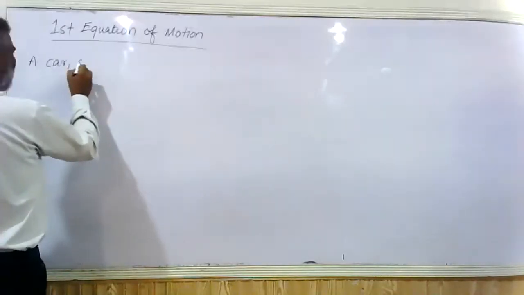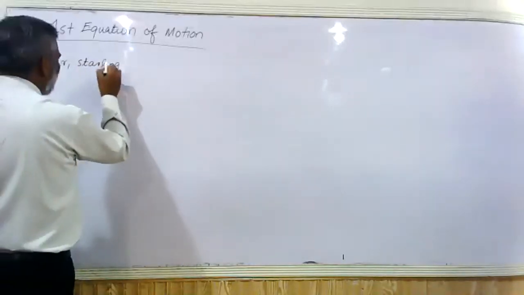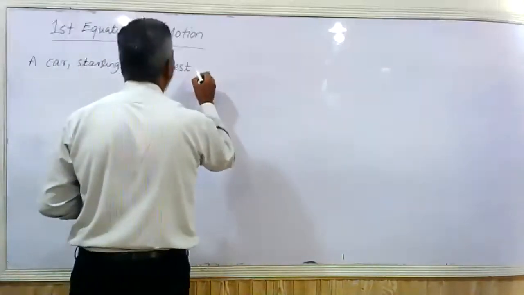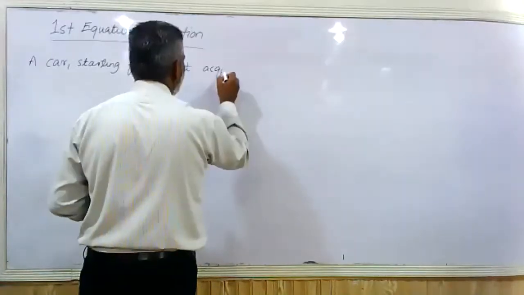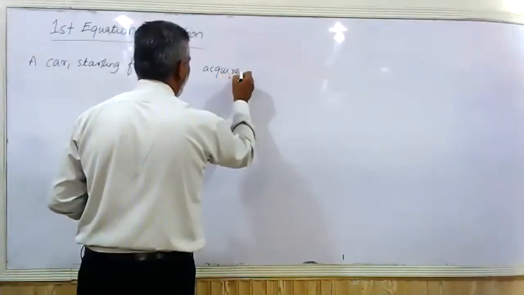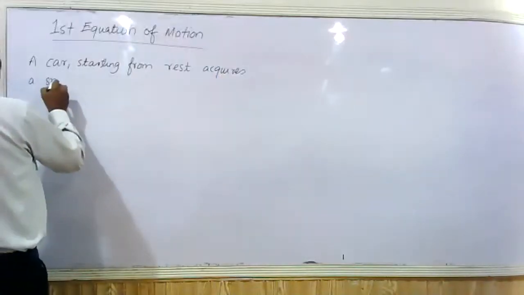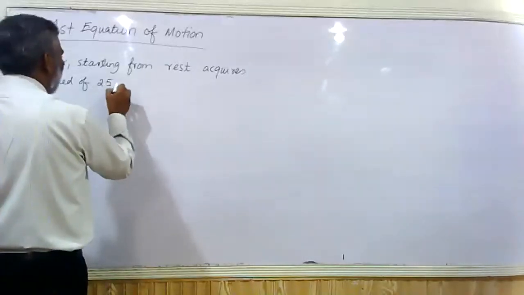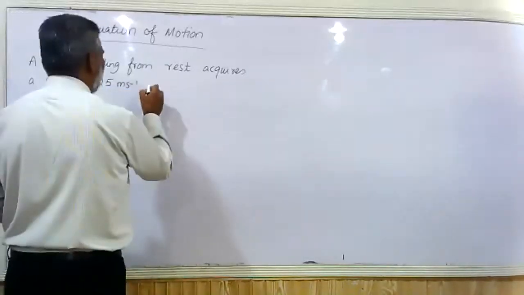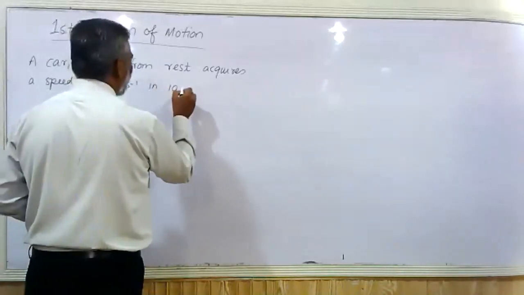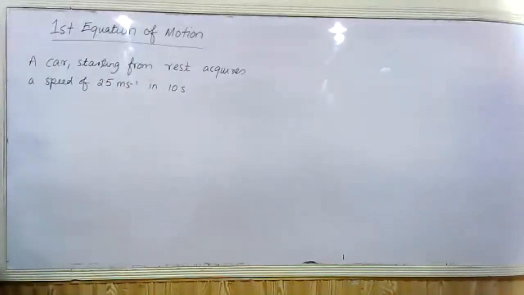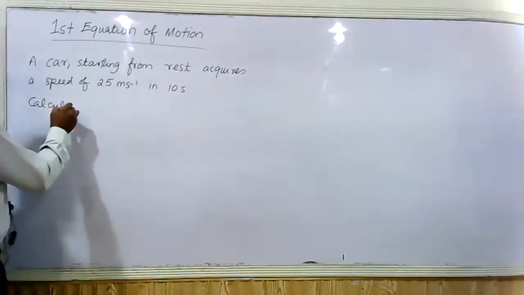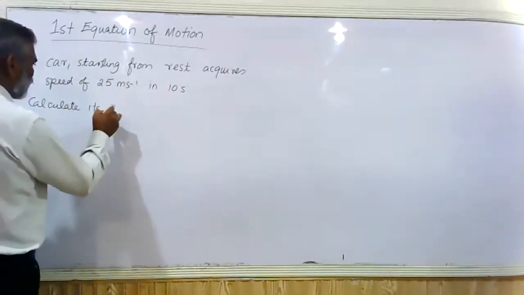A car starting from rest acquires a speed of 25 meters per second in 10 seconds. Calculate its acceleration.